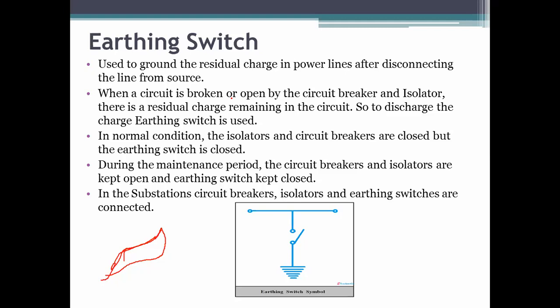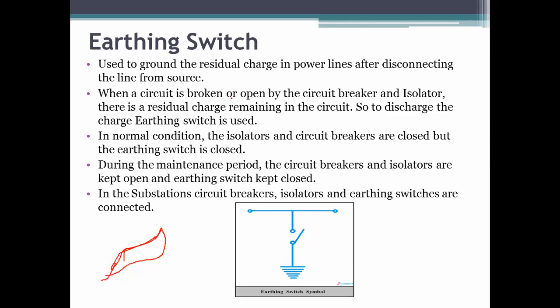In substations, circuit breakers, isolators, and earthing switches are connected. There is a sequence for the operation of these circuit breakers, isolators, and earthing switches. First there is the isolator, then the circuit breaker, and then the earthing switch.